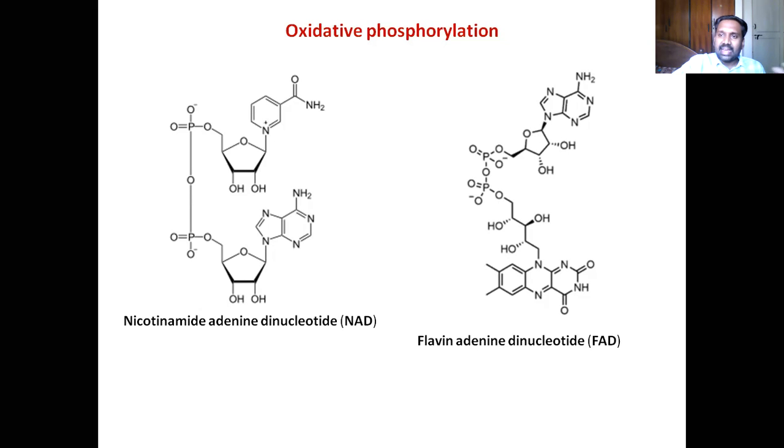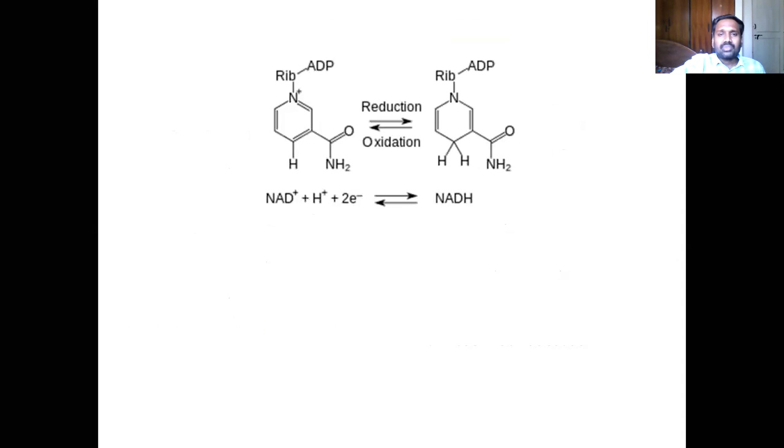Either they are coenzymes directly, or they are part of coenzymes, or they help in the synthesis of coenzymes. For example, NAD is a vitamin. I hope you know this niacin vitamin, right? So why is niacin required for the synthesis of NAD in the body? Now, look at this redox reaction of NAD.